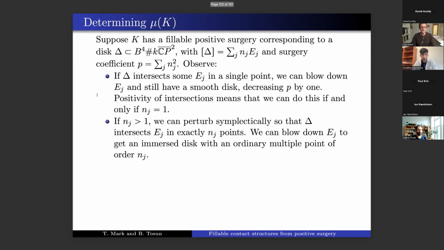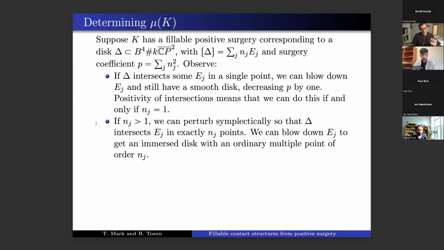Okay, well, there's no reason to suppose you would have that, I suppose. So if the coefficient of E is bigger than 1, you have a disk that crosses the exceptional sphere algebraically more than once. It might be tangent in some degenerate way, but you could always perturb symplectically, and then you arrange it intersects exactly N_J points. And if you do that, you can blow it down.